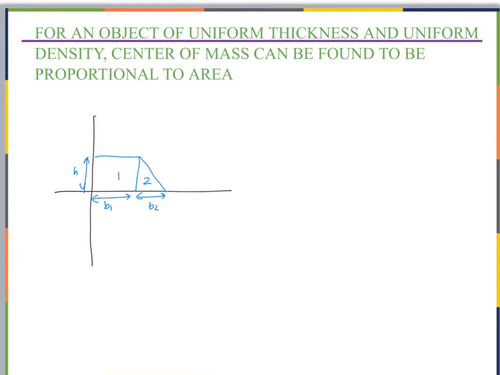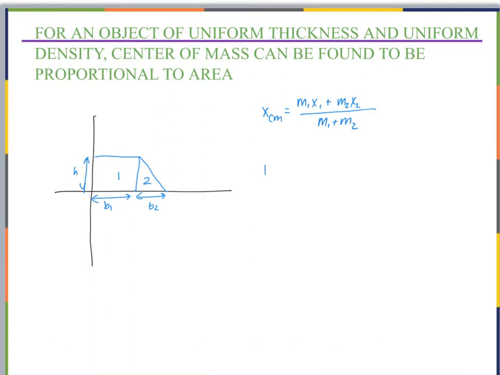So where normally our x center of mass would be equal to the mass of 1 times the position of that plus the mass of 2 times its position over the mass of 1 plus the mass of 2, it might be a pain to try to figure out the mass of the blocks.